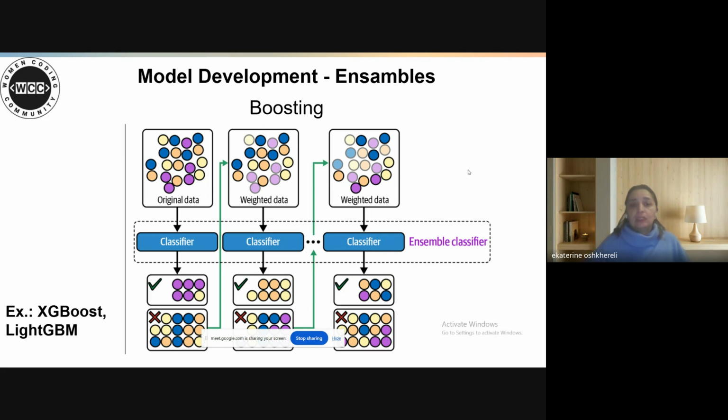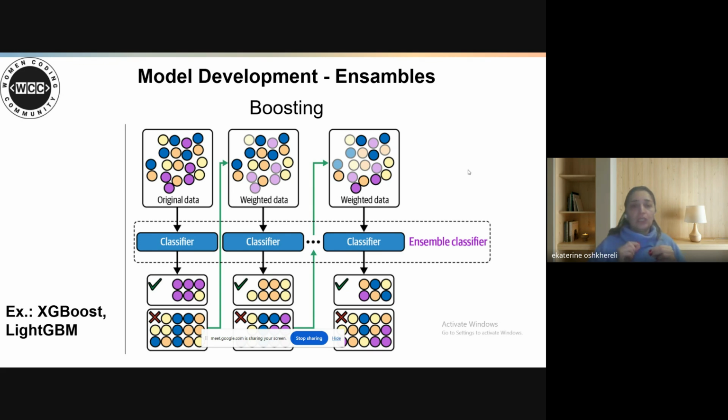But the thing is that this is an iterative process, an iterative ensemble of algorithms. For each iteration, we weight the data differently. For example, we start training the first classifier on the original data set, and then for the next iteration the weights depend on how well the algorithm worked on this data set.